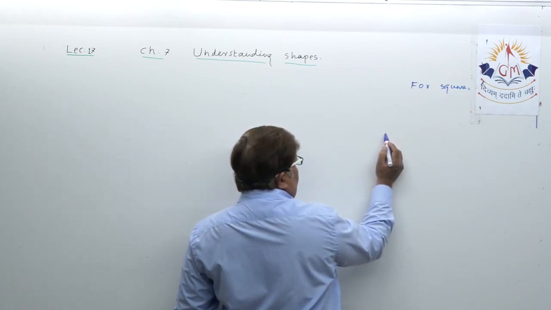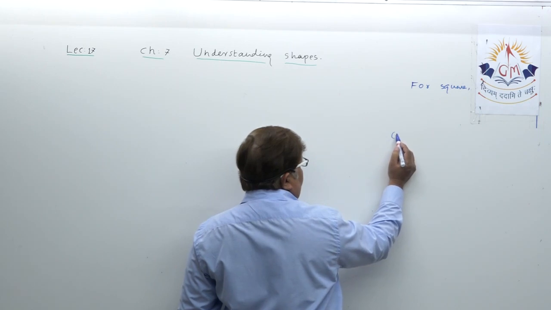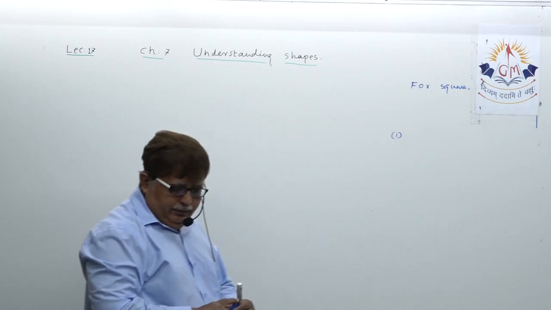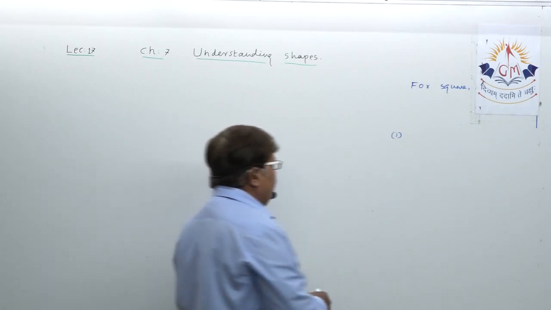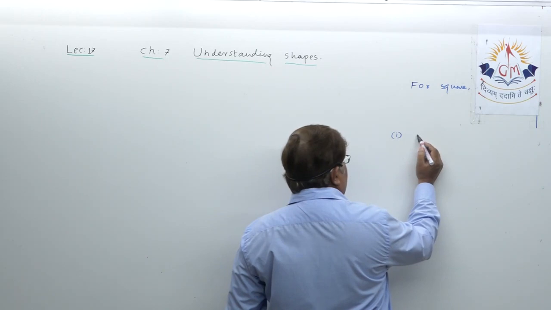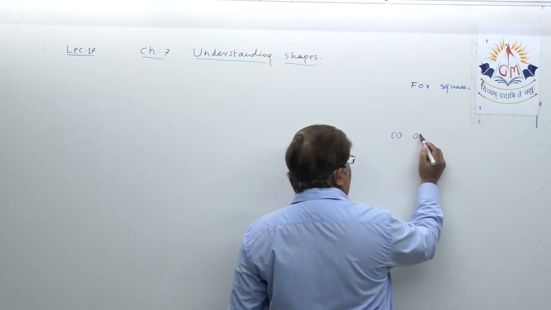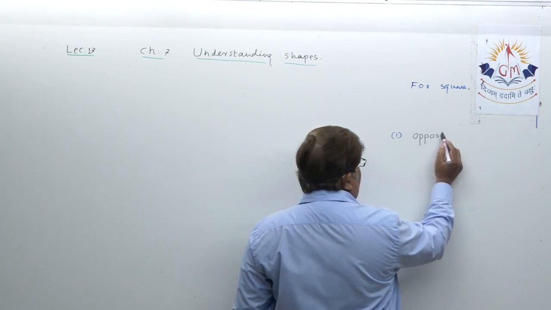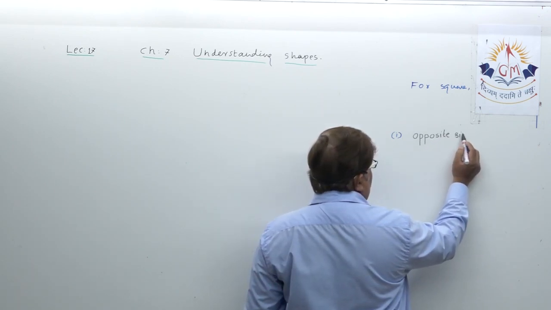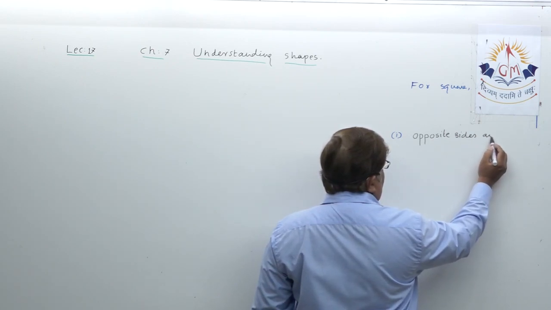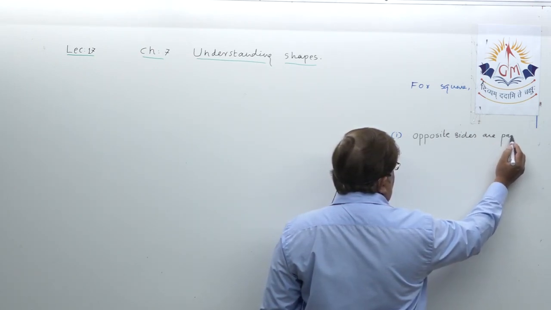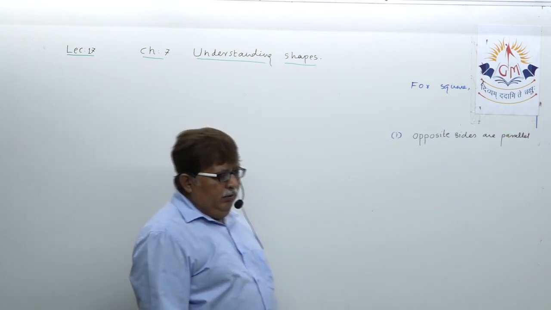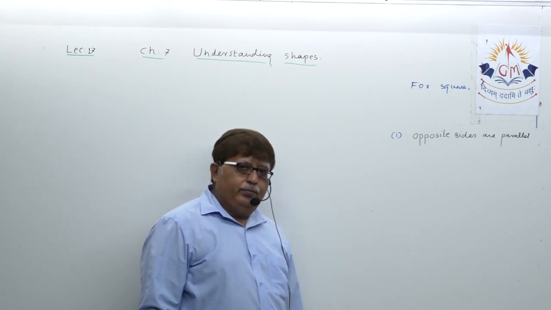The first property I want to mention regarding square, you can write it here: opposite sides are parallel. Okay, the first property. Opposite sides are parallel.